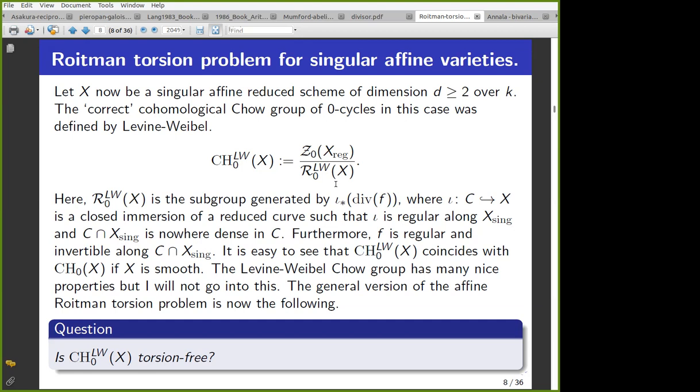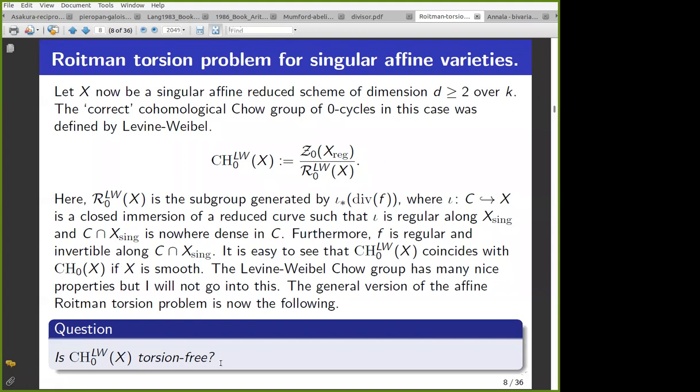So once you do that, the group you get is a new group, a slightly modified version. We'll call it the Levine-Weibel Chow group. It's clear that if X is smooth, this is the original classical Chow group of 0 cycles by the definition. So now the question is this: is the Levine-Weibel Chow group of X torsion free?